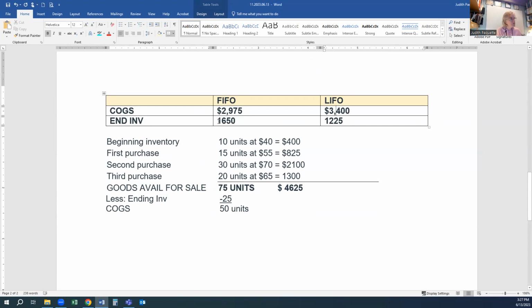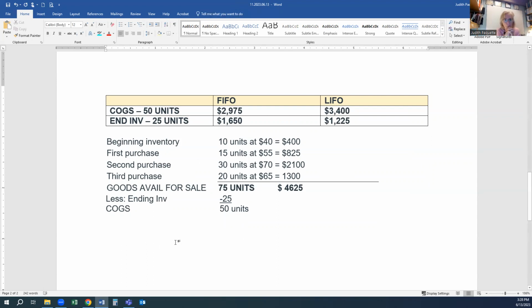Ending inventory using FIFO is 1,650. Now remember, it's the same number of units. It's just a question of FIFO versus LIFO. Cost of goods sold in this case was 50 units, and ending inventory is 25 units.